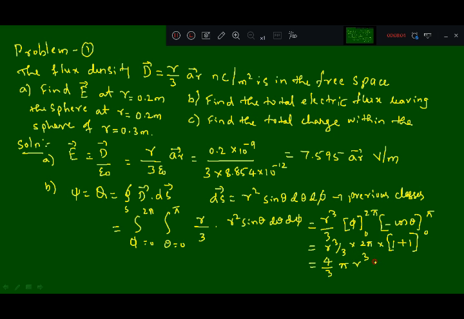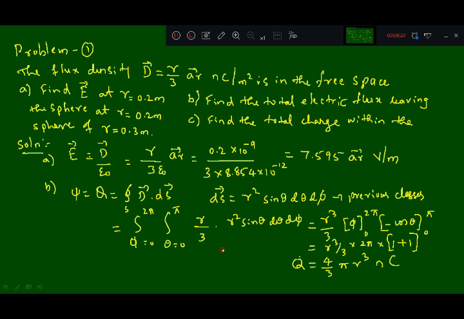This is in terms of nanocoulombs. This is the Q value. But they asked at point 2.